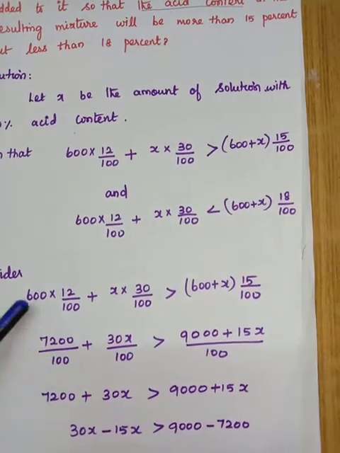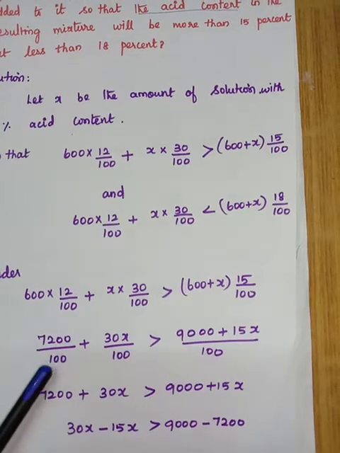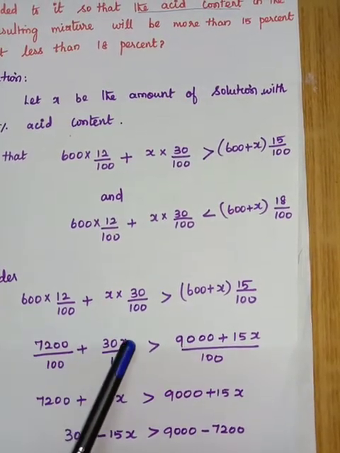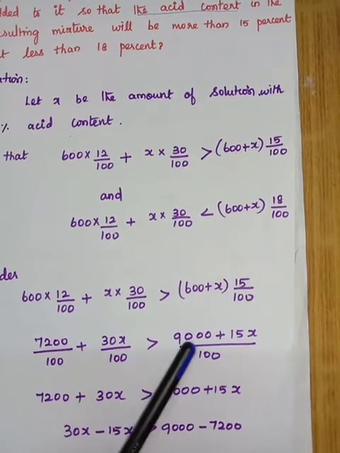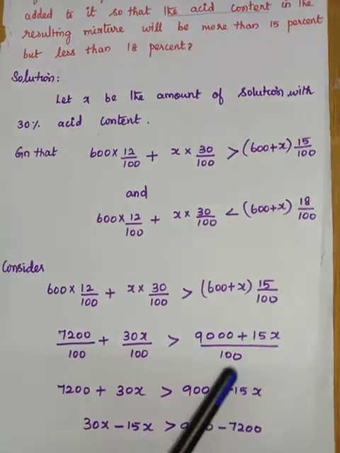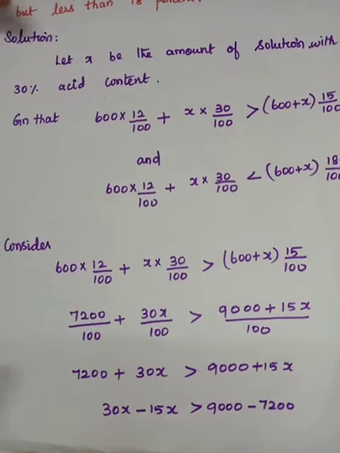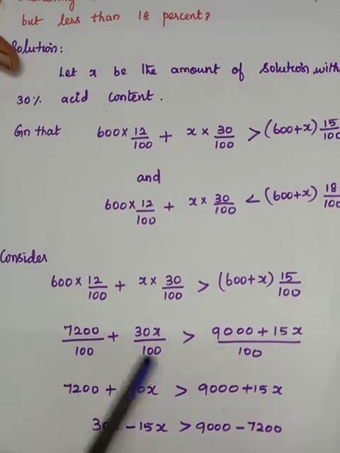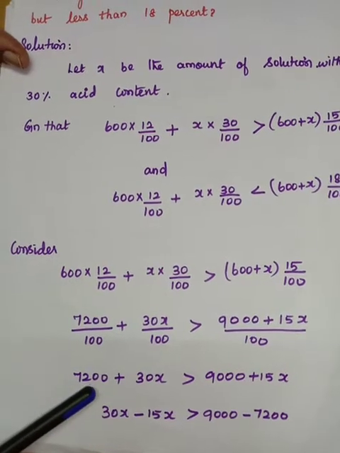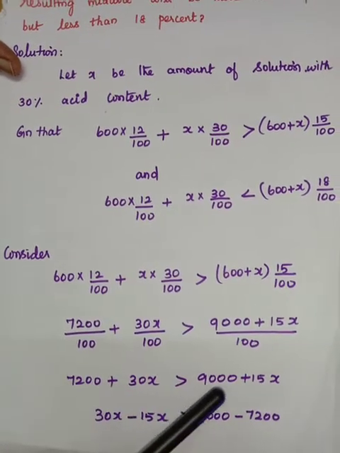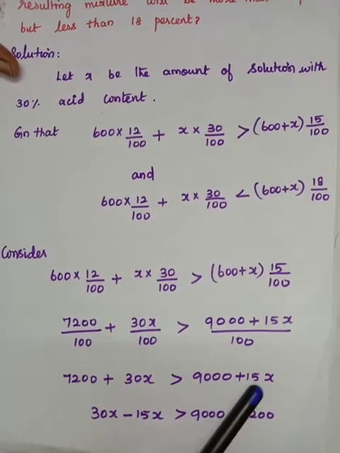If you multiply, it is 7200 divided by 100 plus 30x divided by 100 greater than 600 into 15, which is 9000, plus 15 into x divided by 100. If you multiply by 100, the hundreds in the denominator will be cancelled. So you will get 7200 plus 30x is greater than 9000 plus 15x.